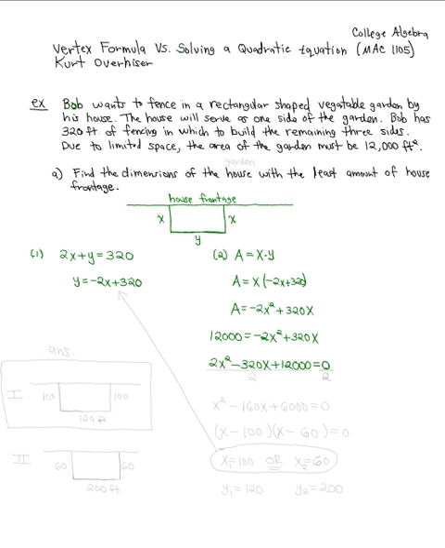And then I can divide both sides by 2. When I do, I get x squared minus half of 320, which is 160, x, plus half of 12,000, which is 6,000, equals 0 divided by 2, which is still 0.